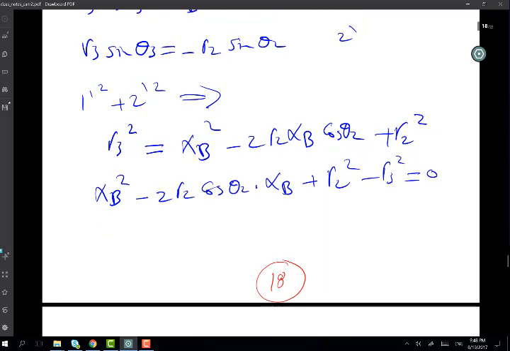In XB, I can just get XB as I did previously.